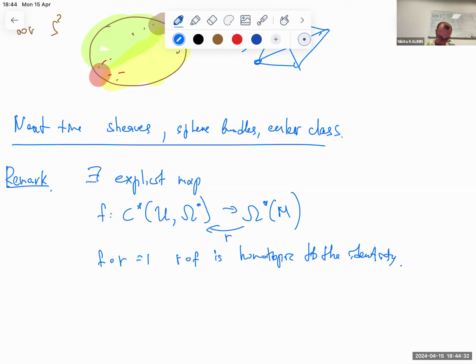So you remember what we did before: we had, for example, a differential form, and then basically we just restricted to the elements of the covering. So that was the map R.